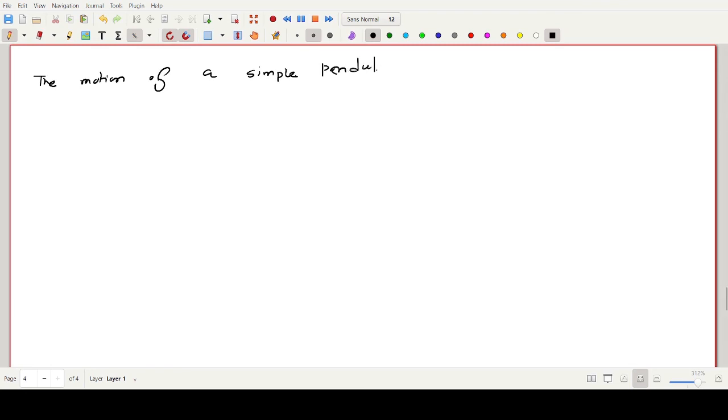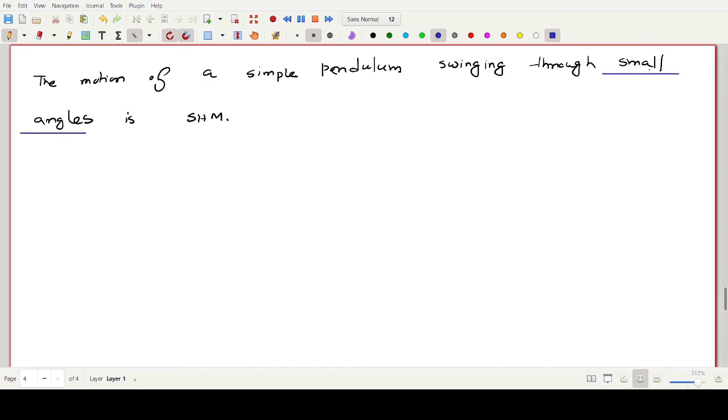So let me write this line: the motion of a simple pendulum swinging through small angles is simple harmonic motion.